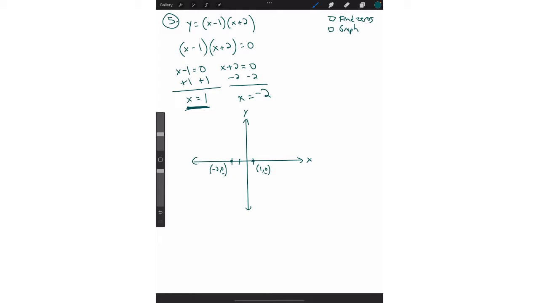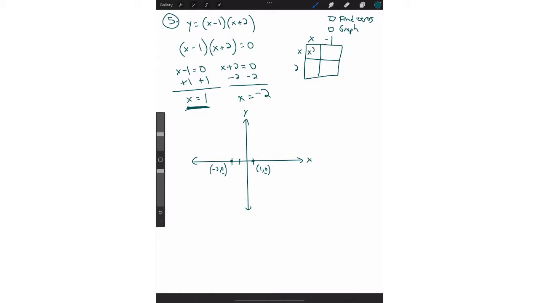All right? Now, this is going to be a parabola because we know that if I were to go through and multiply, let's say I use the box method, right? If I were to multiply x minus 1 and x plus 2, right?